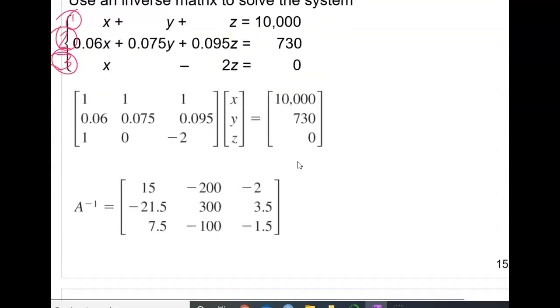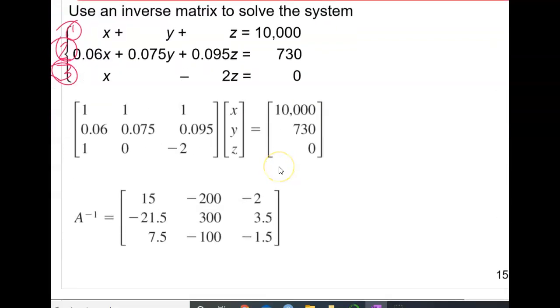So what we do first from a system is create 3 matrices. We have matrix A, which represents the coefficients.